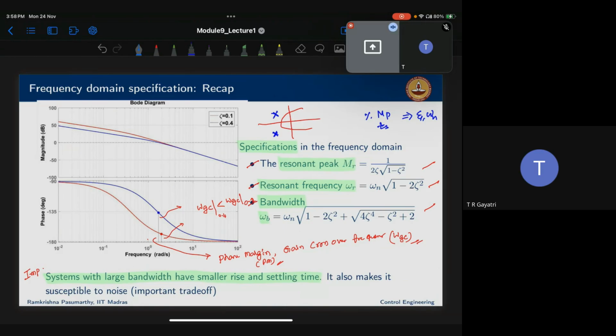Now here in the frequency domain, the specifications are given in terms of resonant peak, resonant frequency, and bandwidth. The MR, omega R, and omega B will be converted to Kz and gamma, which are nothing but the gain margin and phase margin.